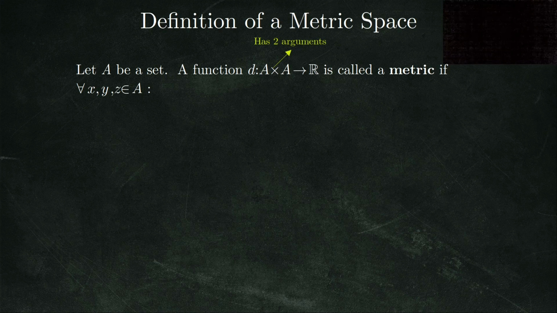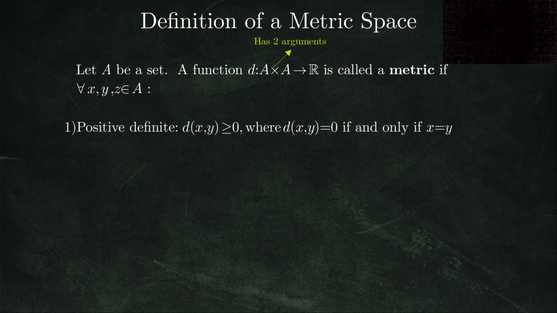So we have to obey the following 3 axioms. Firstly, the positive definite axiom: d of x and y has to be greater than or equal to 0, where it's only equal to 0 if the 2 points x and y are equal. And this must be true of any 2 points x and y in the set A.